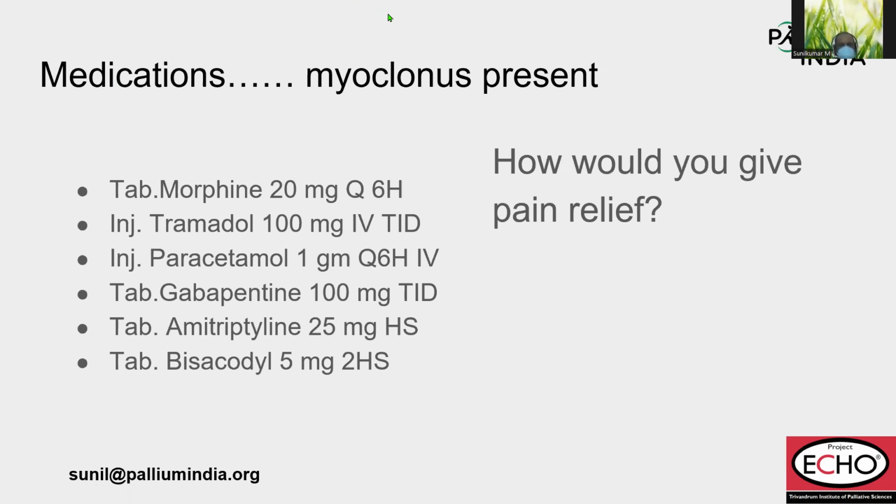What is the dose of methadone? 1 milligram 12 hourly, 4 milligram BD, Dr. Revati says.